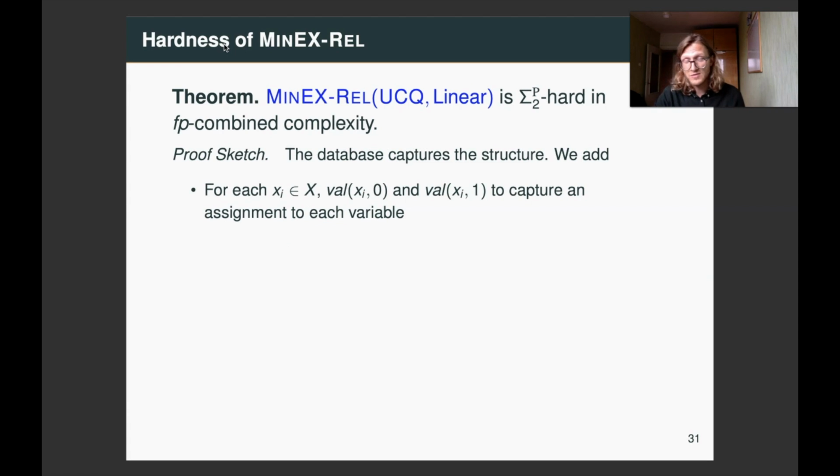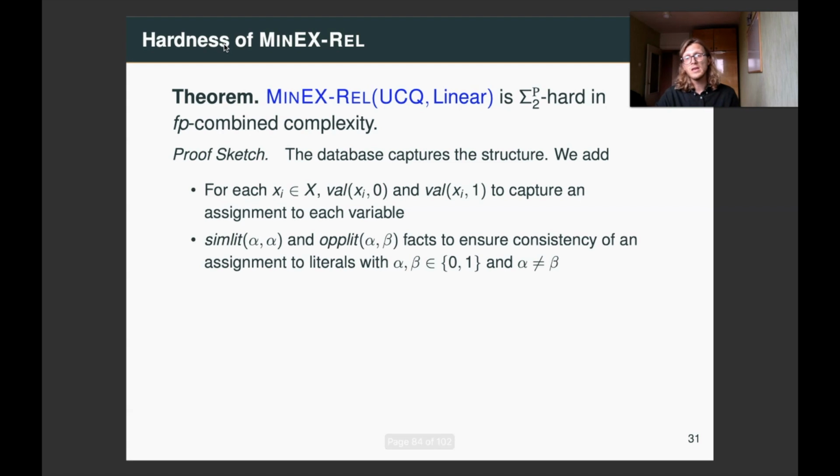First of all, for each variable in x, we add two facts, val(xi,0) and val(xi,1), to capture assignment to that variable. Then we want to ensure consistency when the same variable appears as a literal, either negated or as a positive. So we use a relation to express that this variable appears as the same literal and opposite literal.